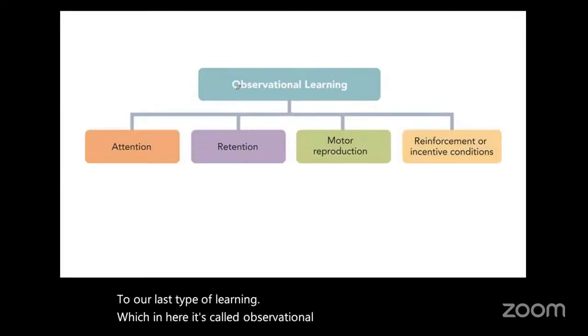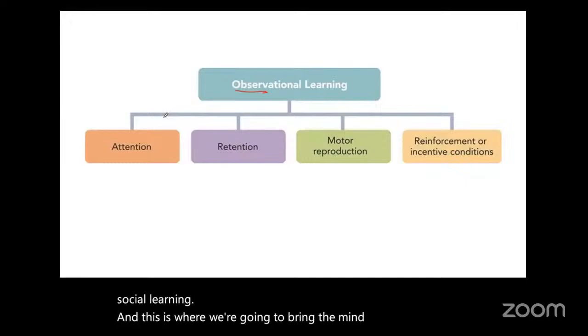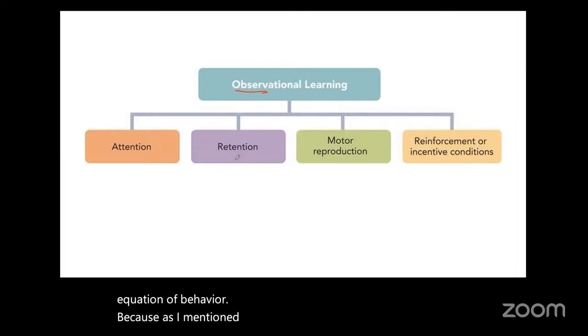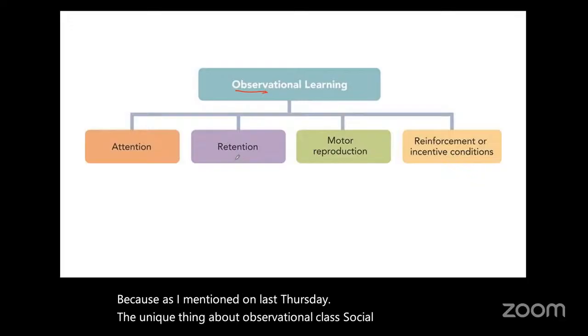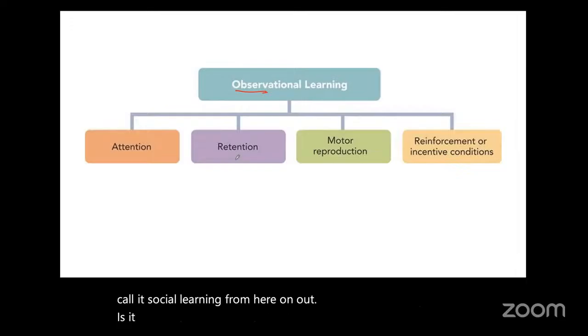It's also called social learning. And this is where we're going to bring the mind back into the equation of behavior. Because as I mentioned last Thursday, the unique thing about observational or social learning, we'll call it social learning from here on out, is it requires you to attend to a bunch of different behaviors that result in the same thing.